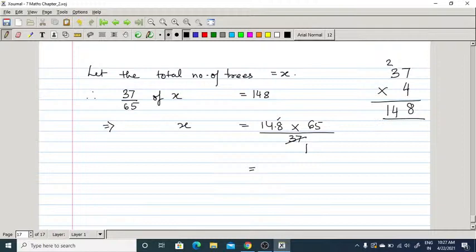So 37 4s are 148. So that is 4 into 65, which is 260. So 260 is the total number of trees in the orchard. So the answer is 260 trees.